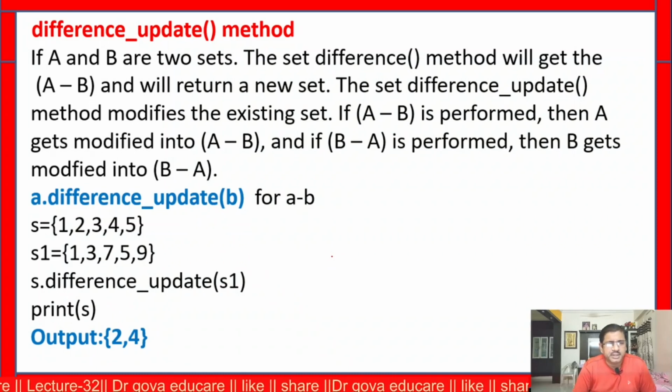Difference update method. If A and B are two sets, the set difference method will get A minus B and return a new set. The set difference update method modifies the existing set.